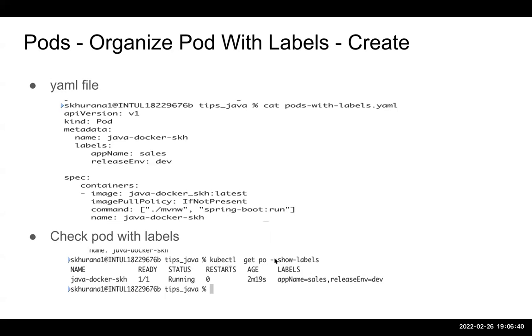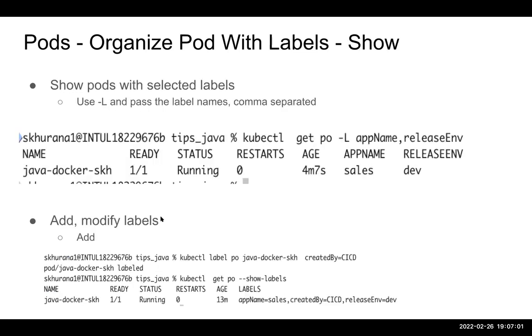I have to add an extra parameter, --show-labels. Once I do this, it will show me the pod along with the labels. These are the two labels this pod has, and these are the two labels I had given here: app name sales, release environment dev. So a pod with the labels gets created.